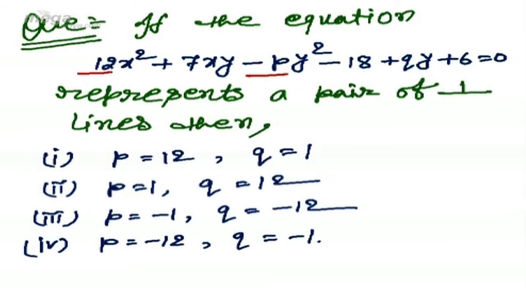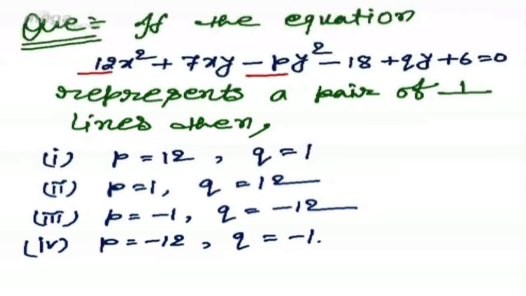There is only one option which includes P equal to 12 and there is no 'none of these' type option. It means option first, that is P is equal to 12 and Q is equal to 1, is the correct option. Without solving the whole question, you get the answer: P equal to 12 and Q equal to 1.